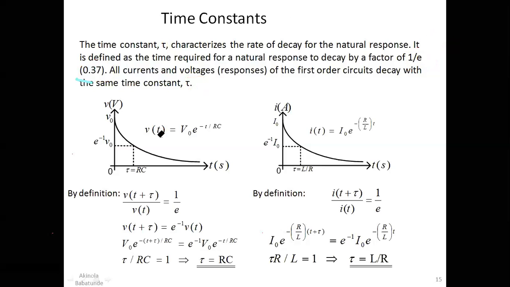As you can see here, this is pure mathematics. We know that our V of t is equal to V naught exponential minus t over RC. This is for the RC circuit, by the way. And then we know our I of t for the RL circuit, so our I of t here will be equal to I naught exponential minus R over L multiplied by t.